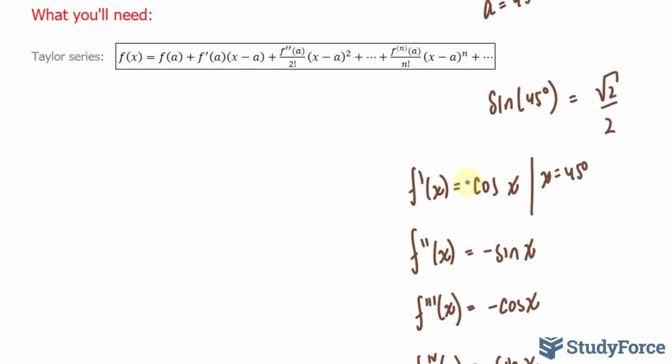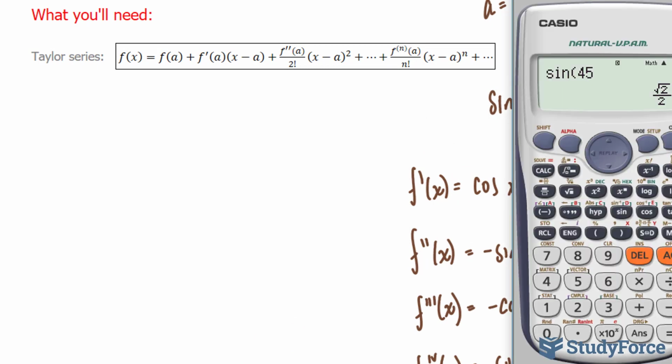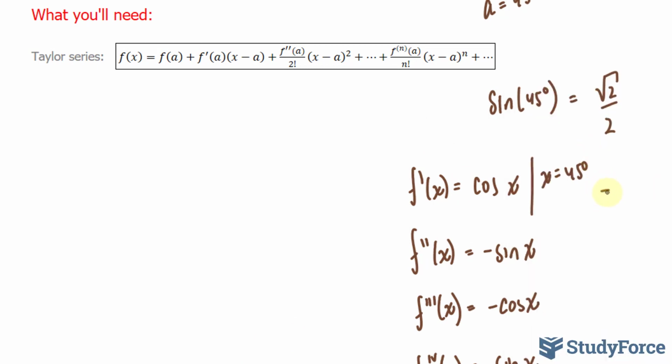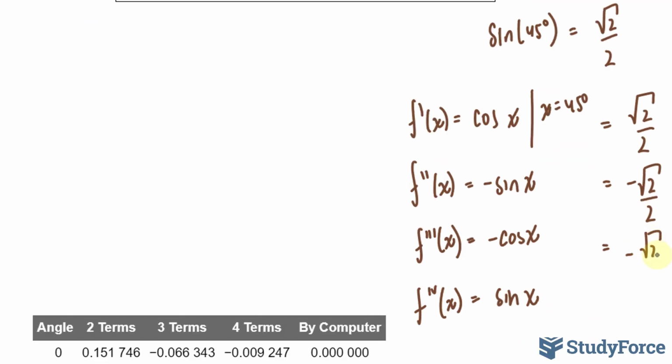Now, let's find out what cosine at 45 is. Cosine at 45 is equal to the same thing, square root of 2 over 2. How about negative sine? Well, remember, sine 45 is this, so this will be negative the square root of 2 over 2. This one will also be negative square root 2 over 2, and this will be, once again, positive square root 2 over 2.